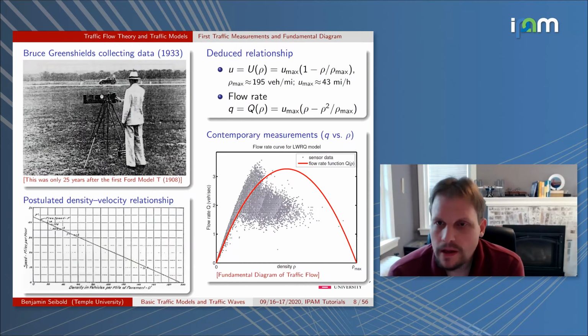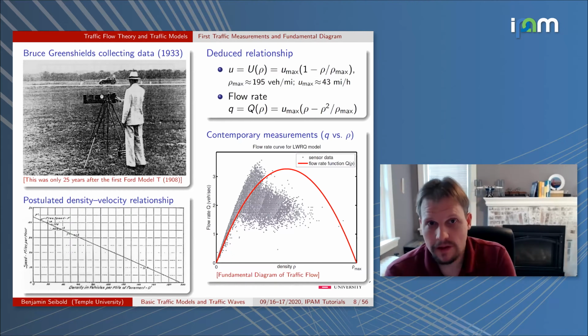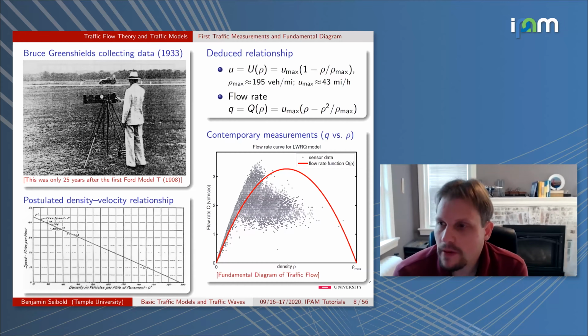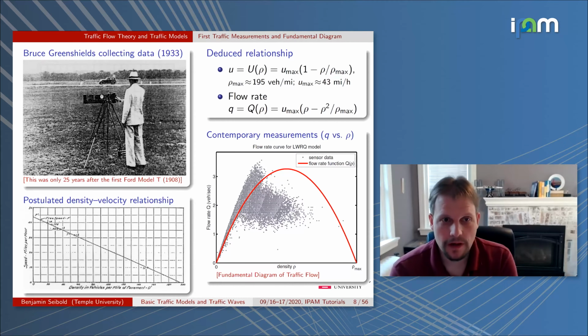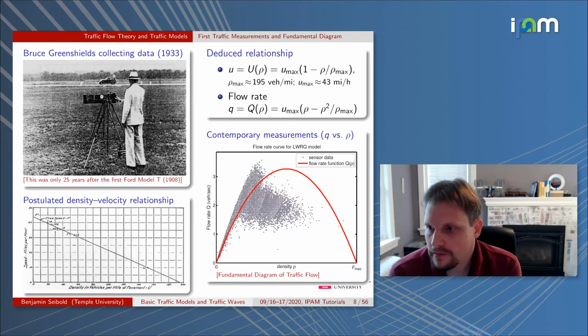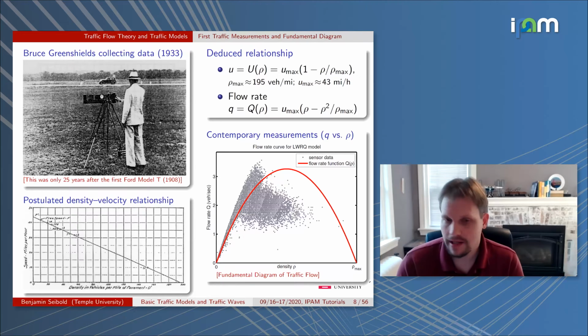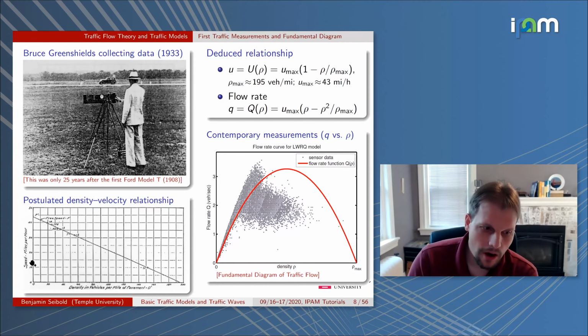All right, now, talking about traffic flow theory, Bruce Greenshields, that you see in the top left doing his PhD thesis using this innovative device called a video camera. He is the father of traffic flow theory. In 1933 already, he produced the first empirical but systematically tabulated relationship of the speed of traffic flow as a function of the density of the vehicles.